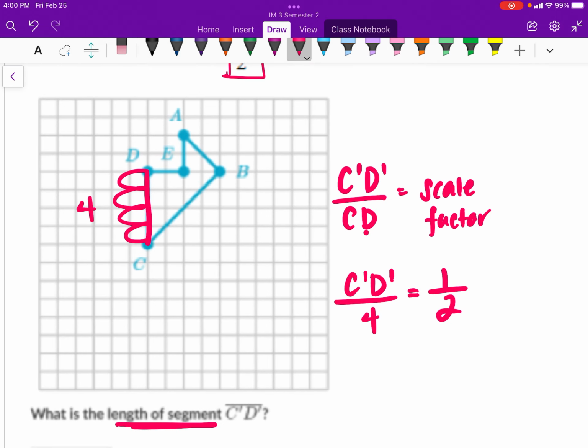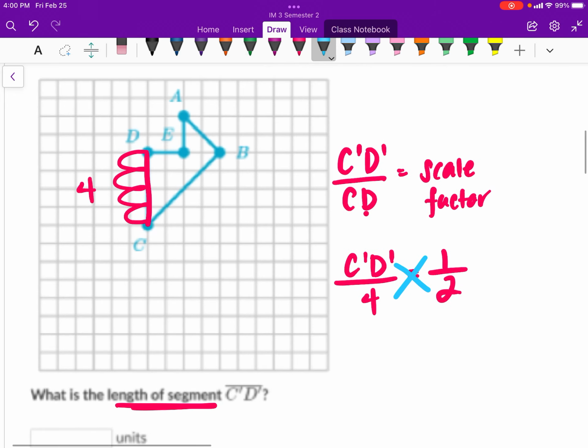Now, guys, one way you could see this is that this is a proportion here, which means in order for us to solve these two fractions, we're going to go ahead and cross multiply, which means top with top, bottom with bottom on the opposite sides. So I'm going to start off first with C prime, D prime times 2.